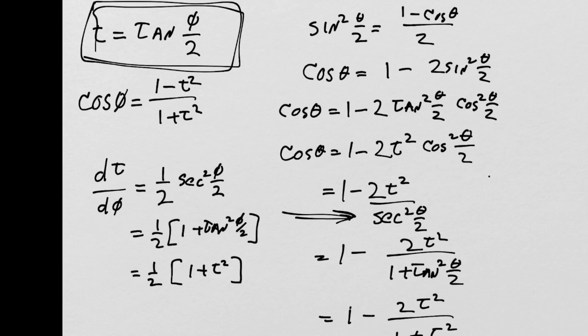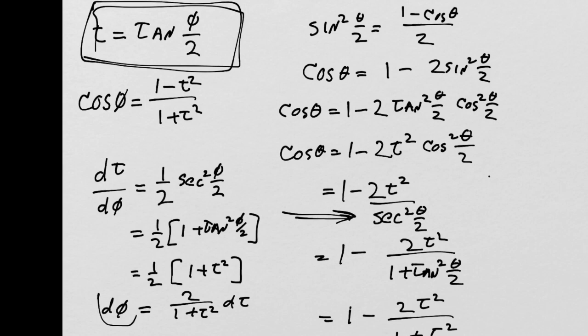And therefore d phi equals 2 over 1 plus t squared dt.